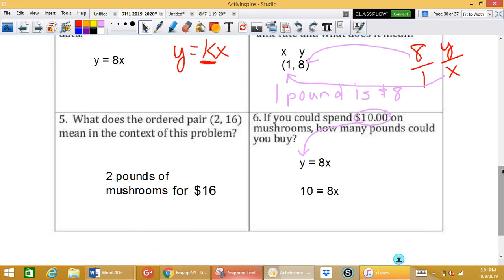Now, to find my x, I have to divide each side by 8. So 10 divided by 8 is 1.25 pounds.